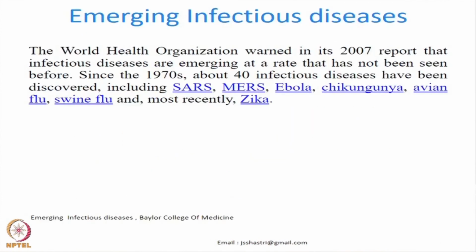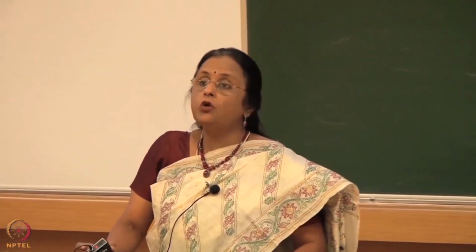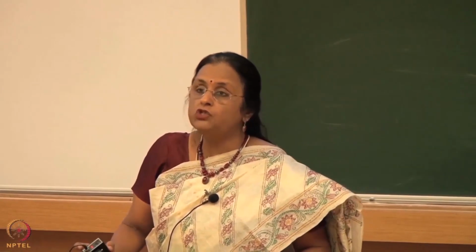The World Health Organization has warned in its 2007 report that infectious diseases are emerging at a rate that has not been seen before. Since the 1970s, there have been 40 infectious diseases which have been discovered, and these are some of them. Just a little bit of information about SARS. SARS is a severe acute respiratory syndrome, which cropped up in the Guangdong province of China.